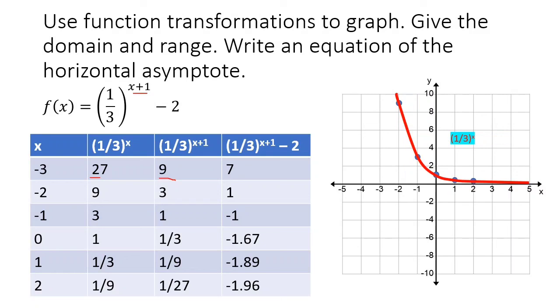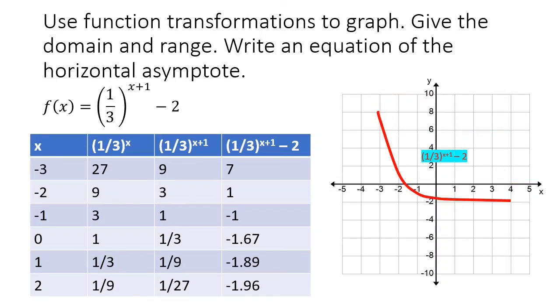Now the minus 2 will subtract 2 from the 9 to make it 7. We do this with every point, and you end up with a shift to the left 1 unit and a shift down 2 units. We go left, and then we go down.